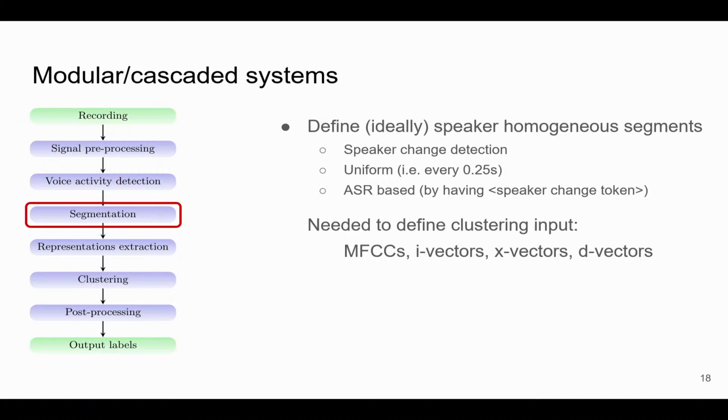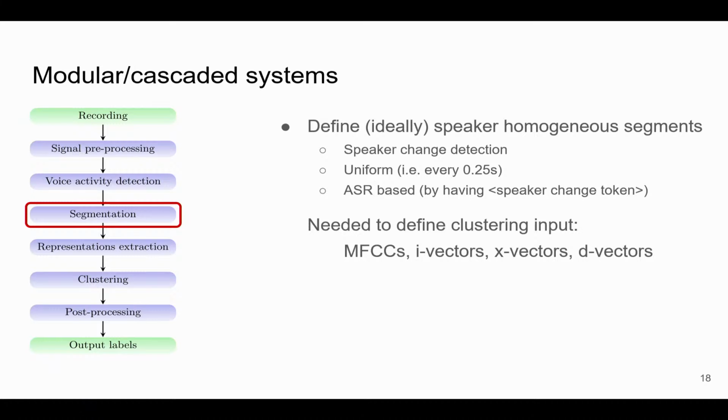That's perhaps good granularity for certain cases, and that's good enough. So that's another approach. And then there is this ASR-based one that I added at the end. In the last few years, there have been models that produce transcription, but also include a speaker change token. You get all the tokens of a speaker, and then it marks that there is a change here, so a different speaker will start, and then you get the other one. That could also define this.